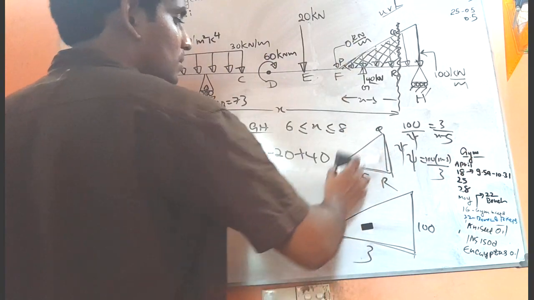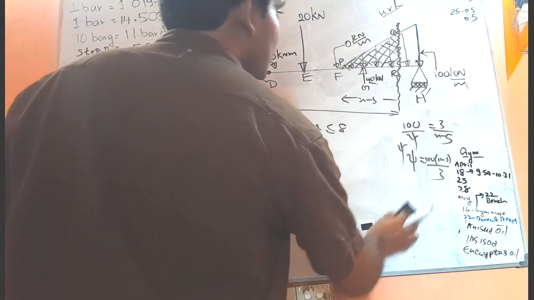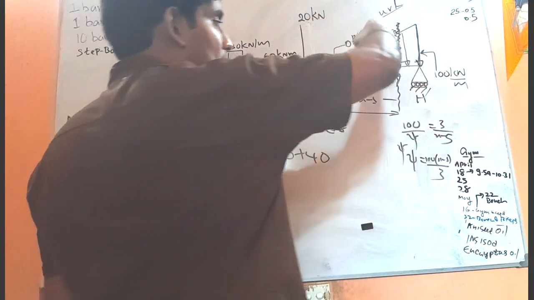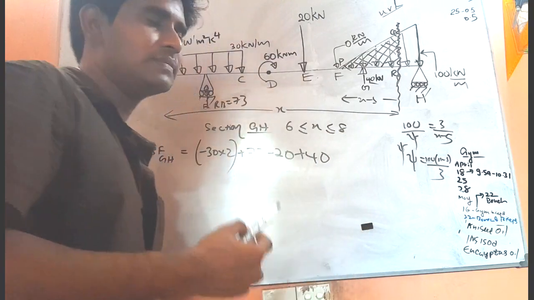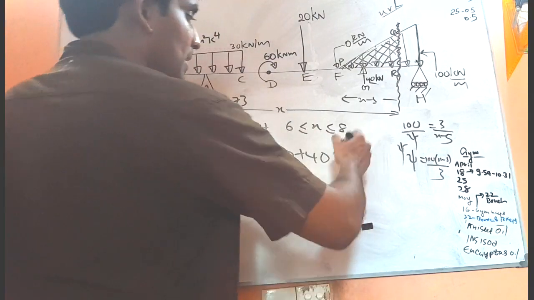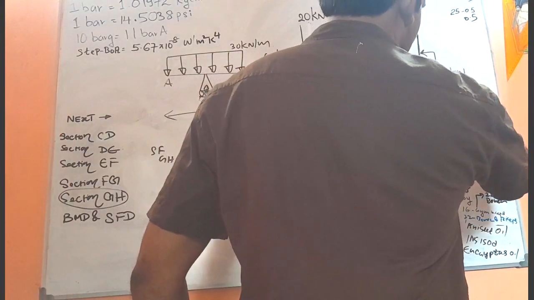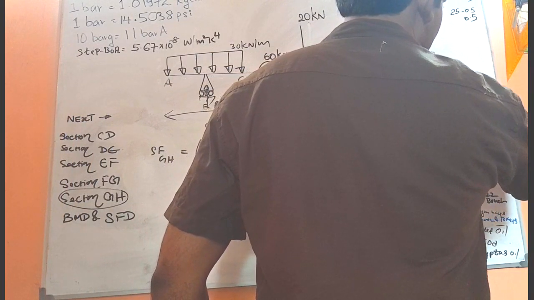So now we know, I will erase that, that because of this triangular load, the resultant is acting along the downward direction. So because of that resultant load, the left side will go down, right? So then it will be minus. I will write it at a side. 5 equals 100 into X minus 5 divided by 3.